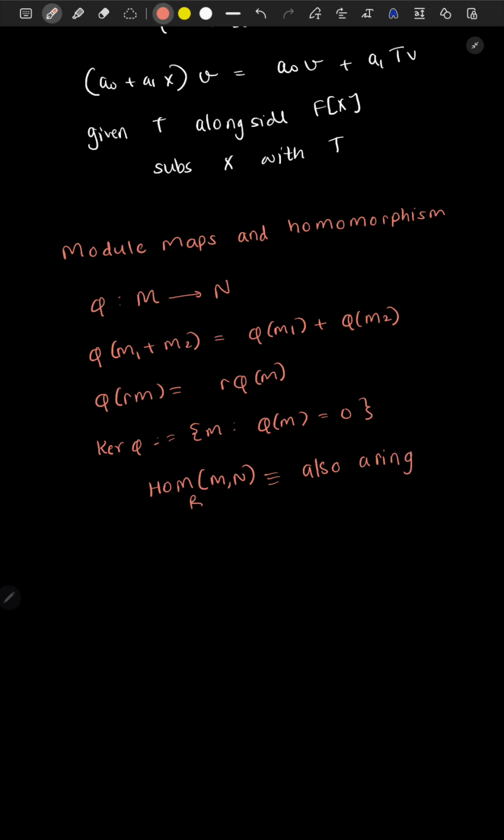And not just that, we can then talk of a module over a ring. With a ring R, you can construct a new module. Given two modules, you can construct another module like this.